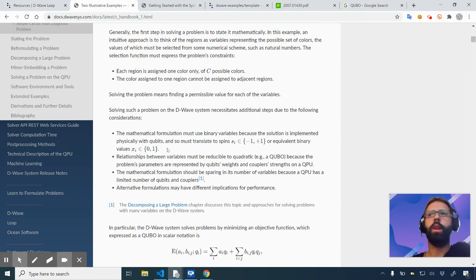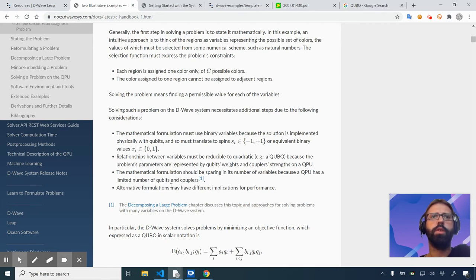So what this basically means is that I guess the formulation must be quadratic because the problem's parameters are represented by qubit weights and coupler strengths on a QPU. The formulation should be sparing in its number of variables because a QPU has a limited number of qubits and couplers.